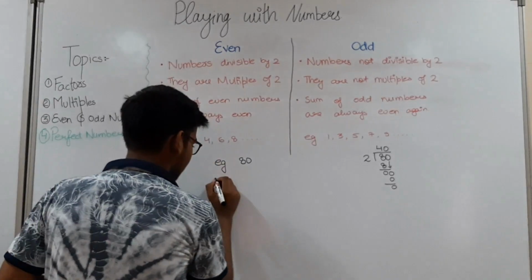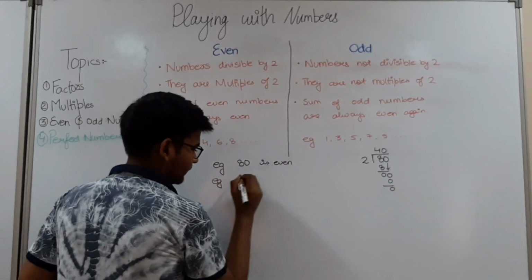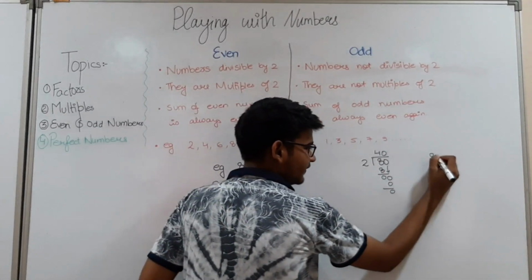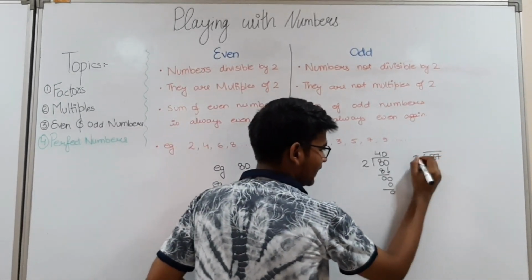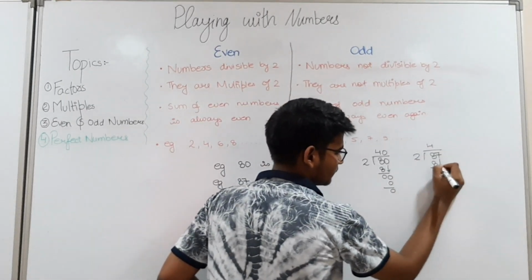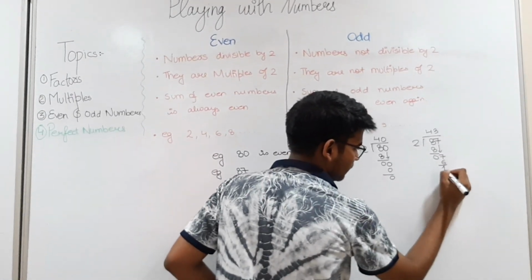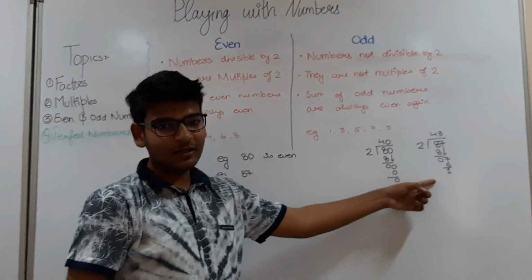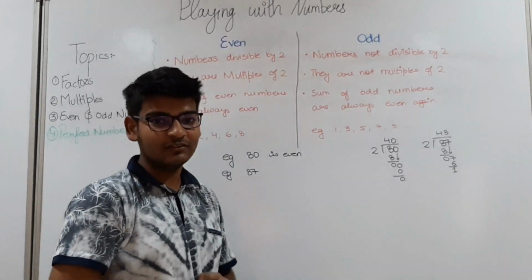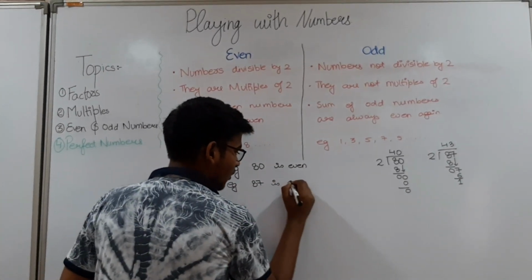Now let us take 87. 87 divided by 2. Since the remainder comes out to be 1, we say that 87 is not divisible by 2. So 87 is an odd number.